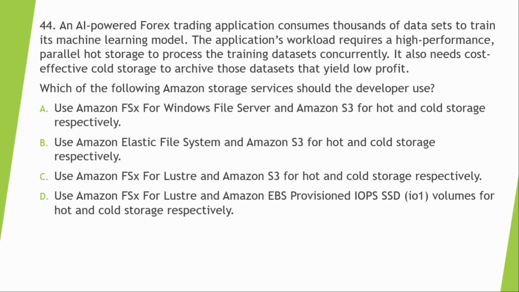In this case, we can use FSx for Lustre for the first requirement, the high performance parallel hot storage, to process datasets concurrently. For the second requirement, the cold storage, we can use S3 because it is the most cost effective. It has Glacier Deep Archive, which you can use.